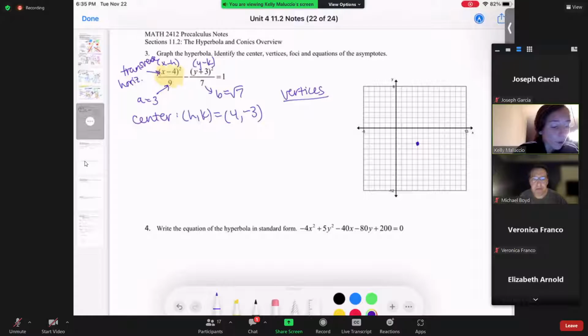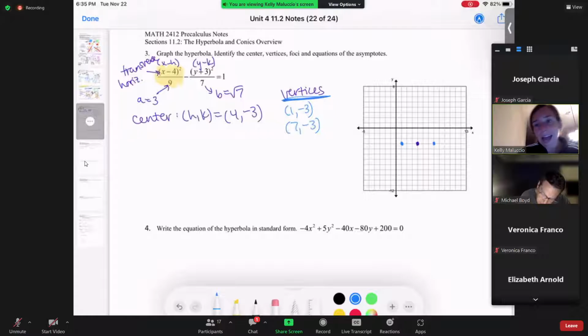This time we start from 4, -3, and I go 3 to the right and 3 to the left. And these are my vertices. Okay, so those points are 1, -3, and 7, -3.